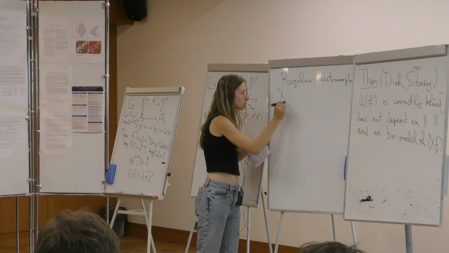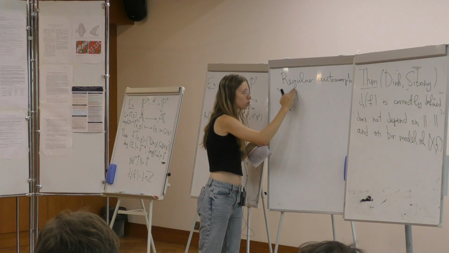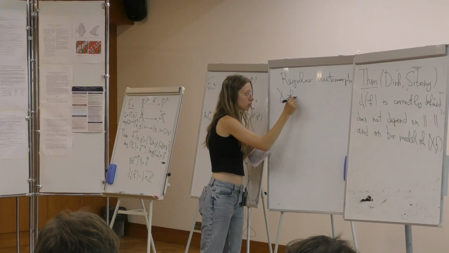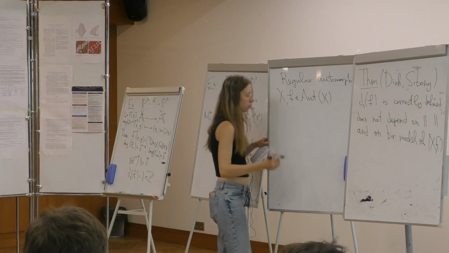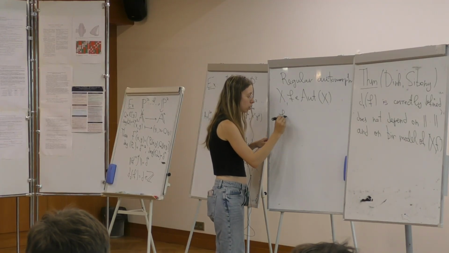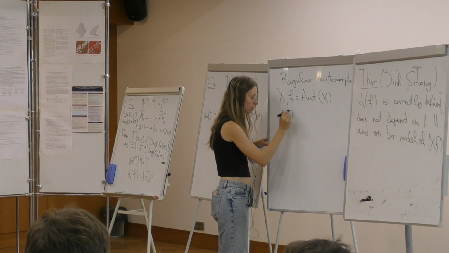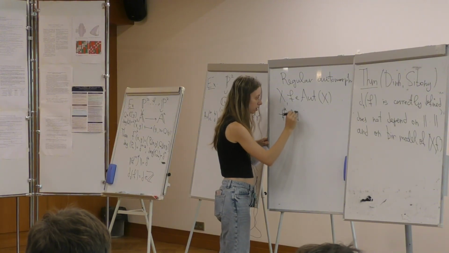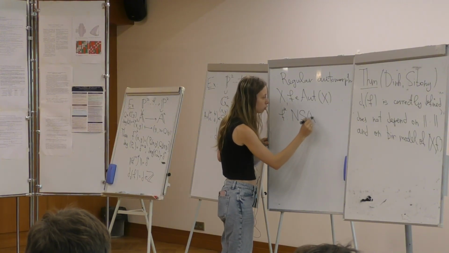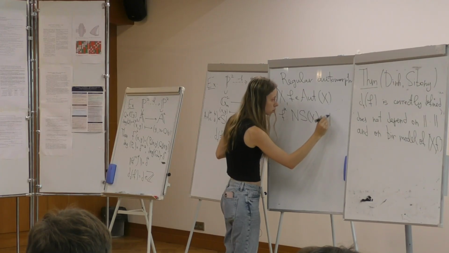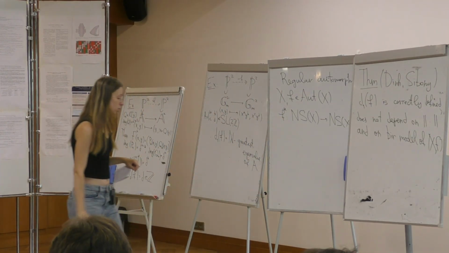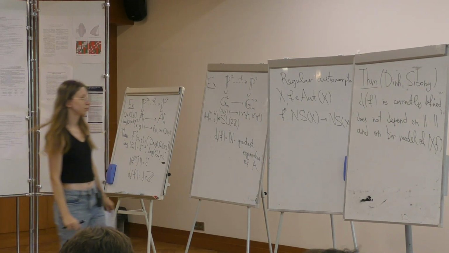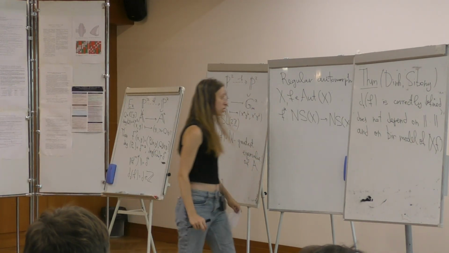So we have X and our automorphism F, which lies in the group Aut of X. Then F acts by inverse image on the Néron-Severi group, and it preserves the intersection form.